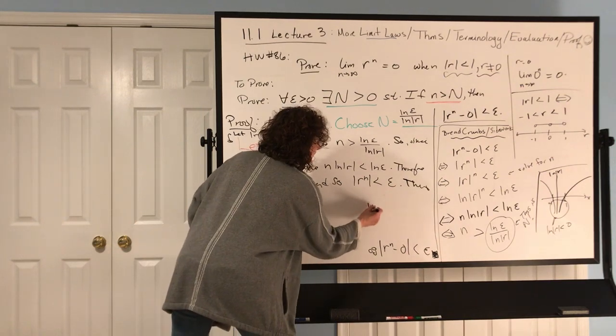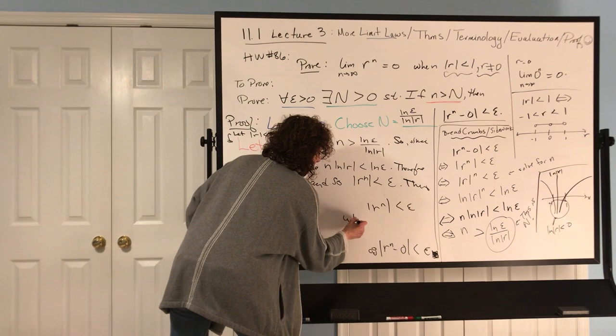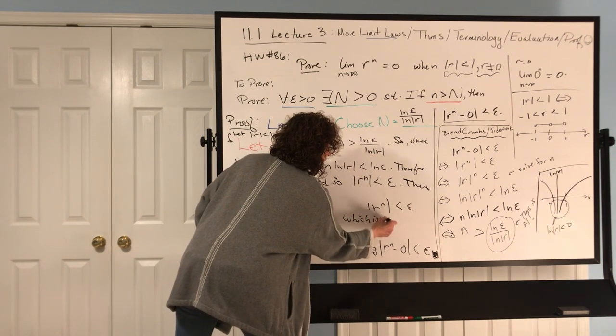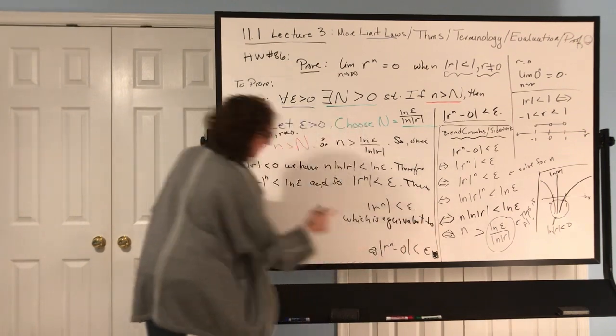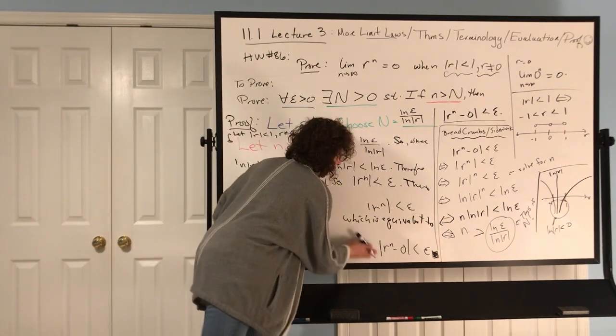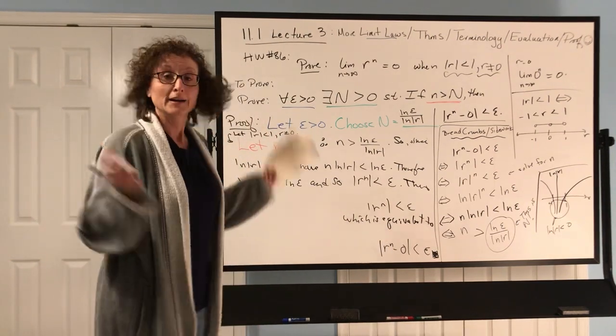Thus, the absolute value of r to the n is less than epsilon, which is equivalent to our guy, which we've now proven.